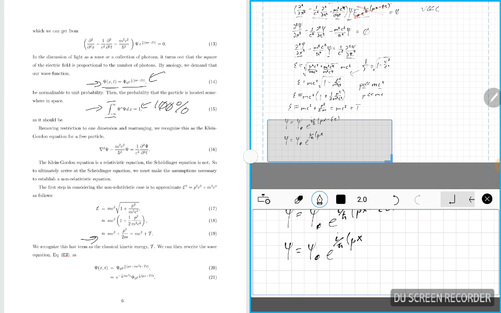Instead of E times t, I now have mc squared times t, little t, not big T. And then we have big T, kinetic energy, times little t. We could also write kinetic energy in probably a more general form. It's just the same as our classical kinetic energy, so it's that 1/2 mv squared, or you could also write it in terms of momentum, so you get p squared over 2m.